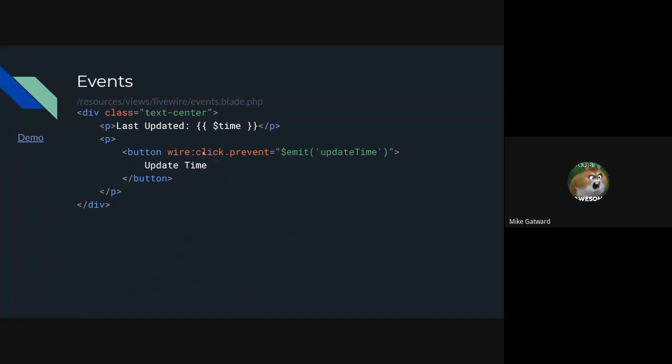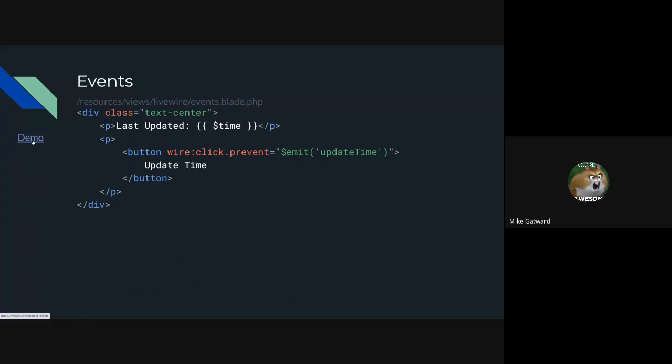So you can do things like click.prevent. And in a similar vein to Vue.js, Livewire also exposes a kind of magic property called $emit, which allows us to emit these events. So we can see here that we're emitting the event update time.